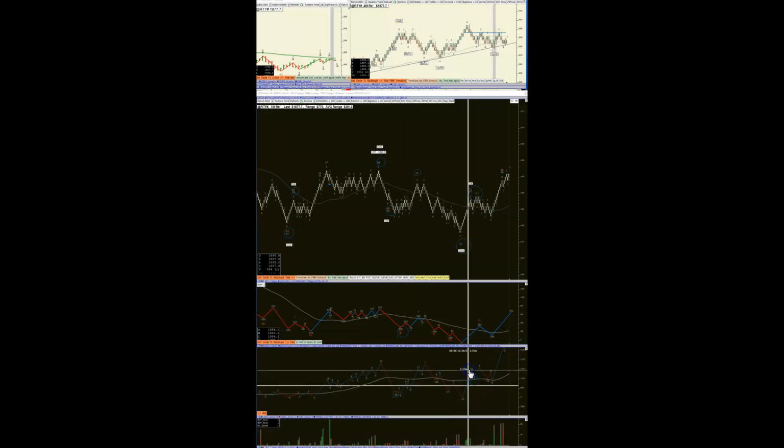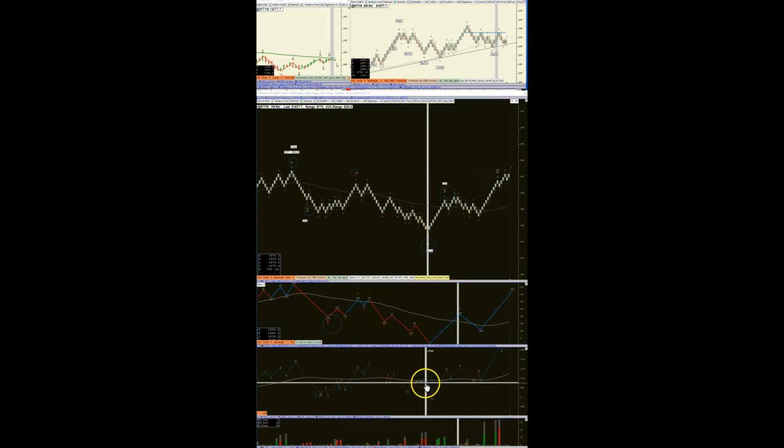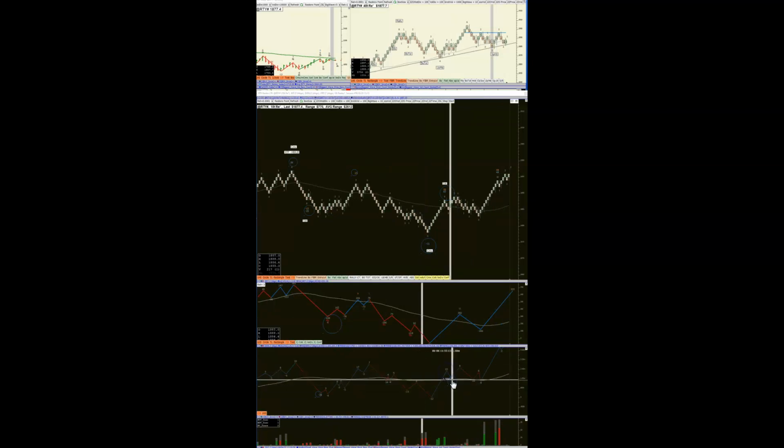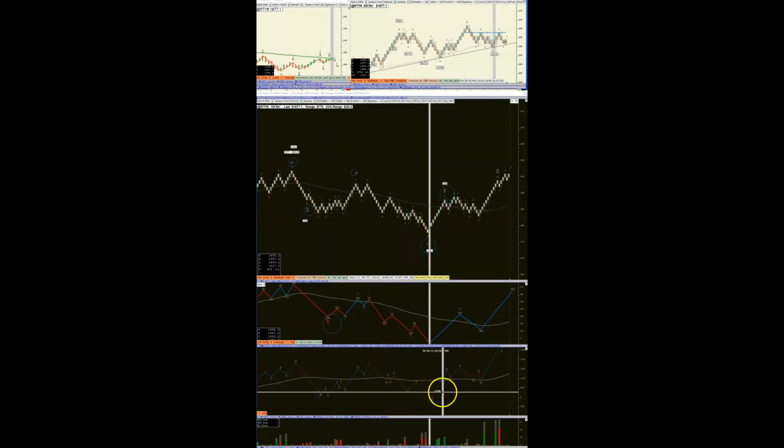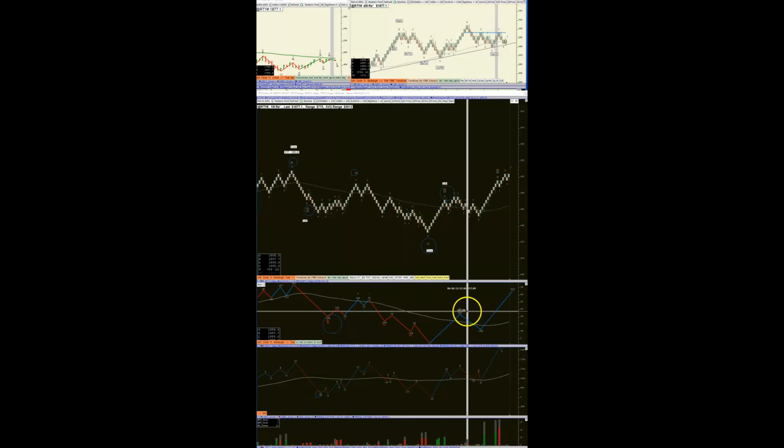Right, in the big wave, right? I don't know why it doesn't go up. Anyway, over here you see selling pressure, ding, ding, ding, ding, ding, buying pressure right there.